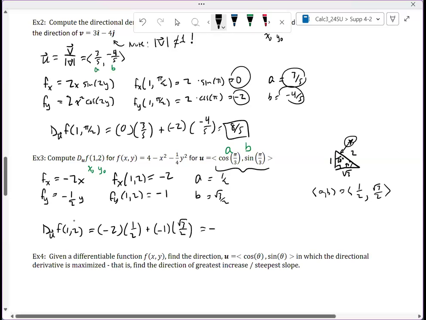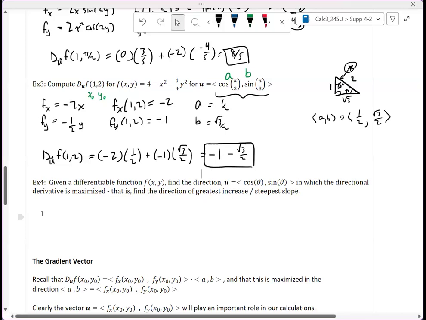Well, that's going to give me negative 1 and then minus root 3 over 2.